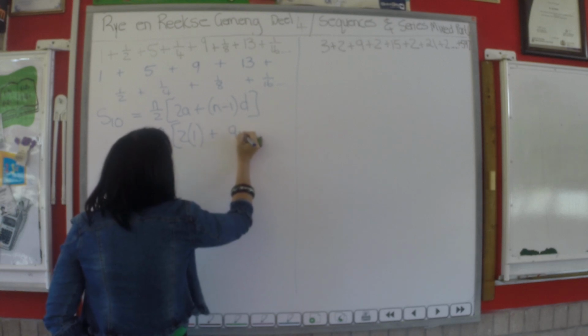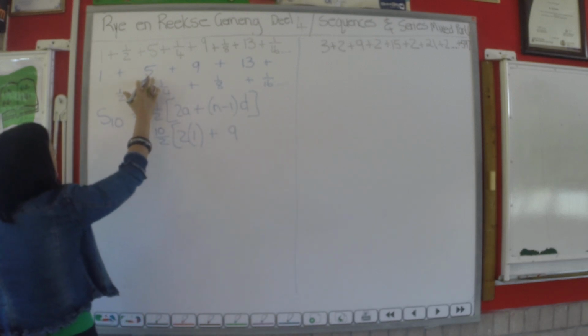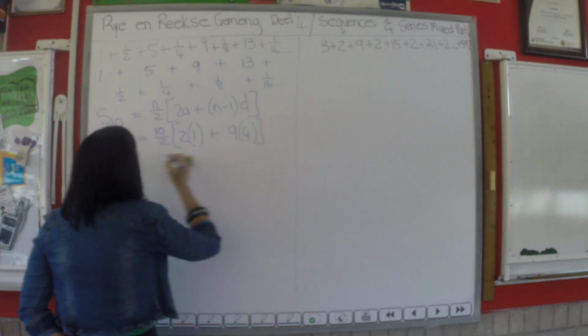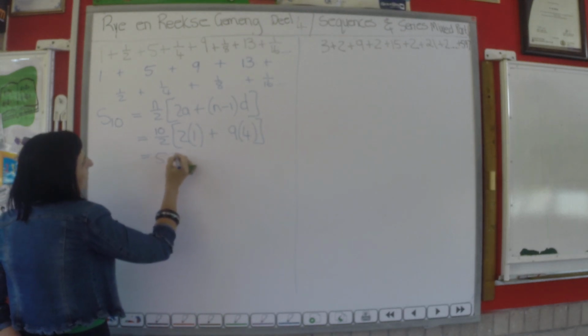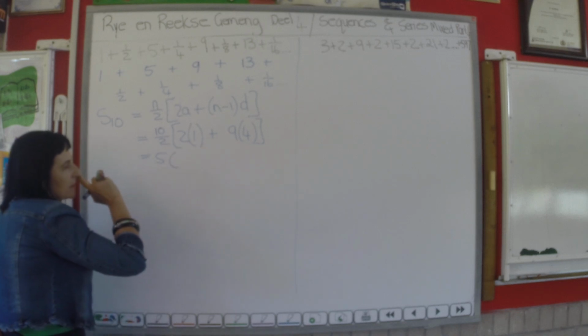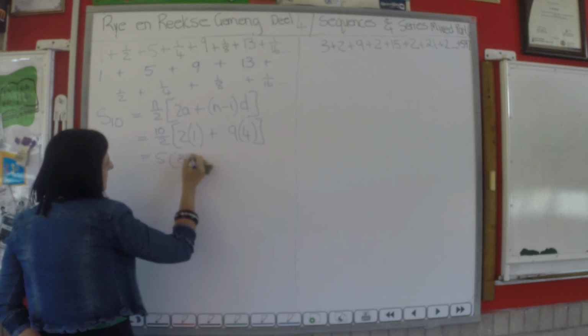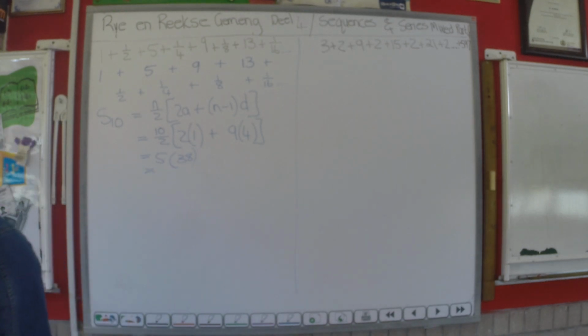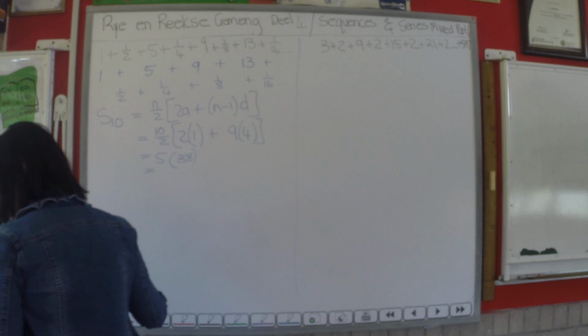And it's going to be 9d, and I've determined d to be 4. And now I can get the sum of that. It's 5 times 2, 9 times 4, 36, 38. That gives us 5 times 38. That gives us 190.